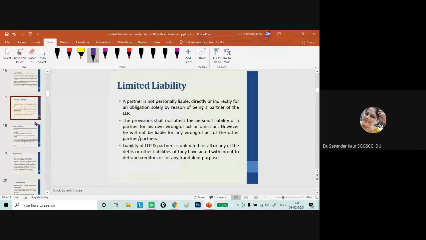Limited liability, we have already discussed that in case of LLP, a partner is not personally liable directly or indirectly for any obligation, except where we discussed that a single partner is running the business for more than 6 months.